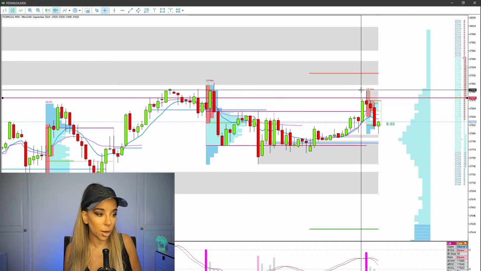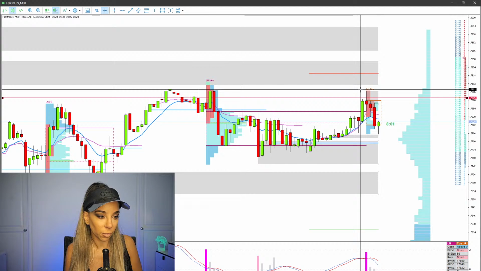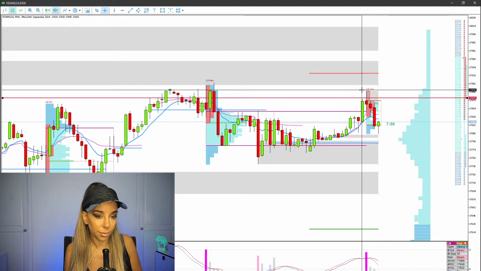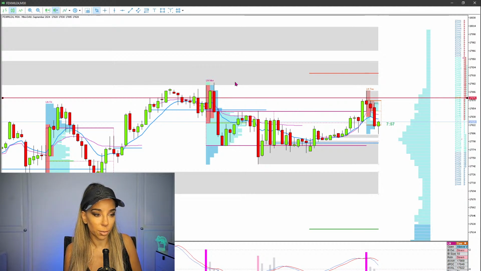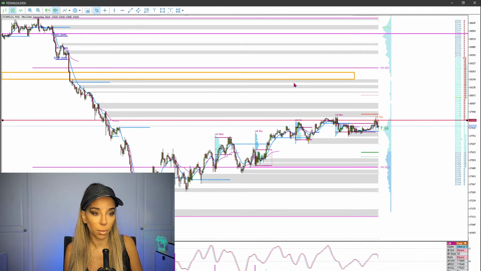And at all other times, I want to see it outside of value. Okay, it turned around at the start, right at London supply from yesterday. We also had a supply from a number of days ago, weeks ago, that is also creating that low volume area. So all equities look very, very similar.